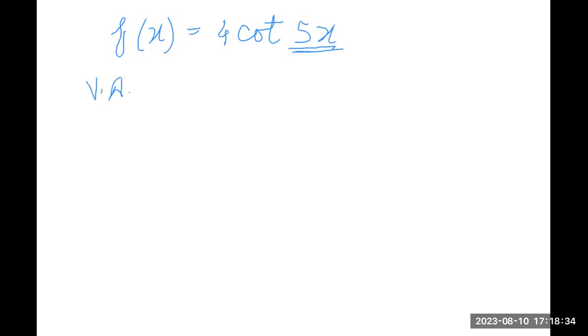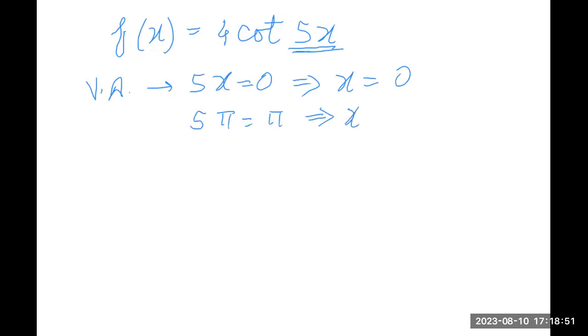So vertical asymptote at 5x equals 0, which means x is 0. And then 5x equals pi, which means x equals pi over 5.